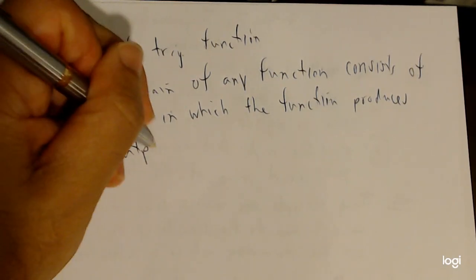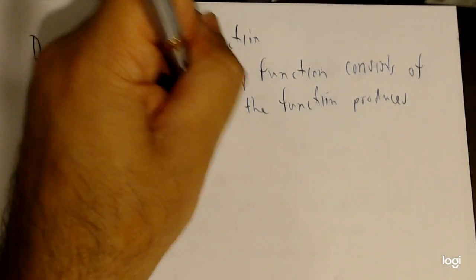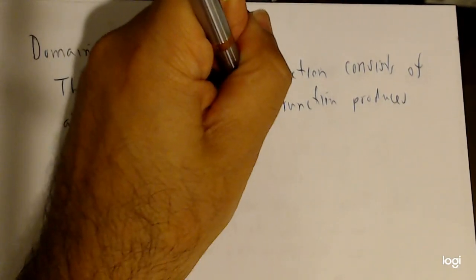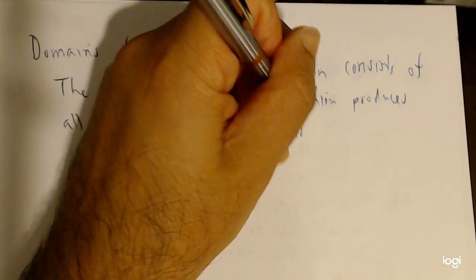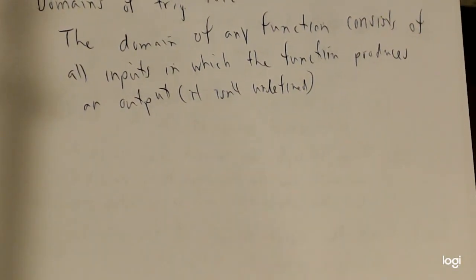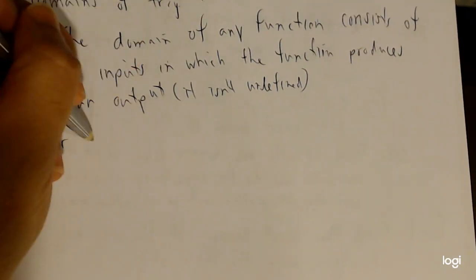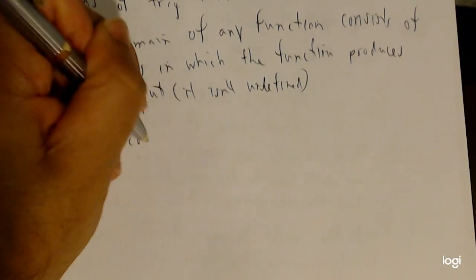And what we mean by it produces an output, in other words, we're saying it isn't undefined. Okay, so let's start by breaking up certain trig functions. So we're going to talk about sine and cosine.